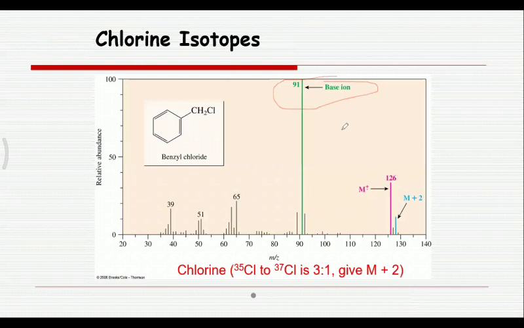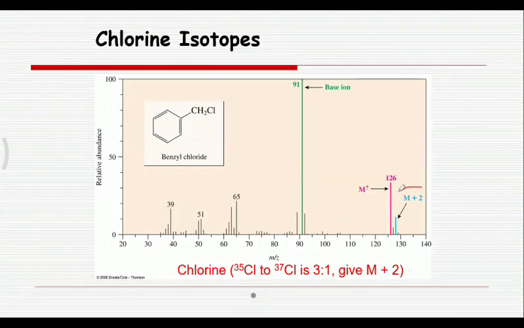They two are different. Now why is this different? We can say the fragment related to the value 91 is more stable, and that gives the base peak in the spectrum, whereas this is the molecular ion peak representing the molecular weight of benzyl chloride.